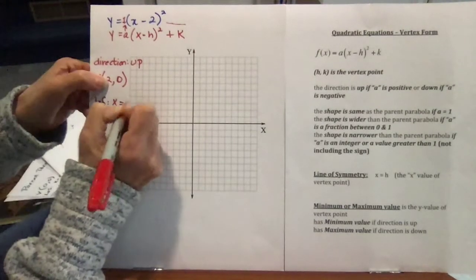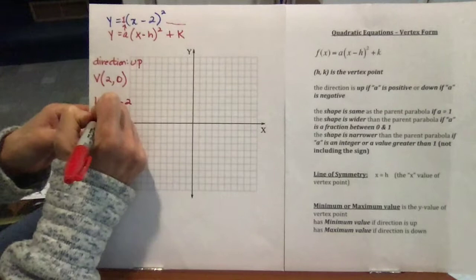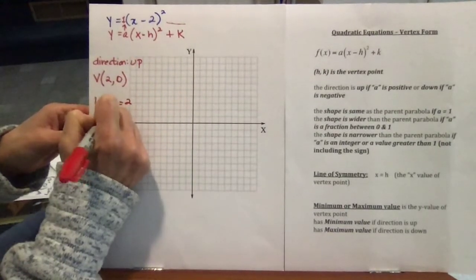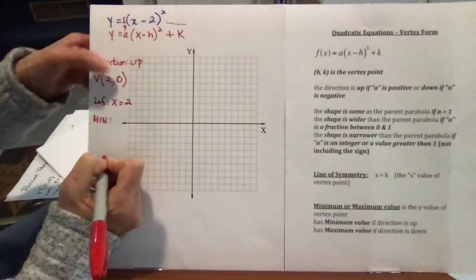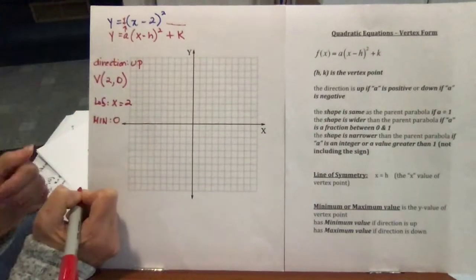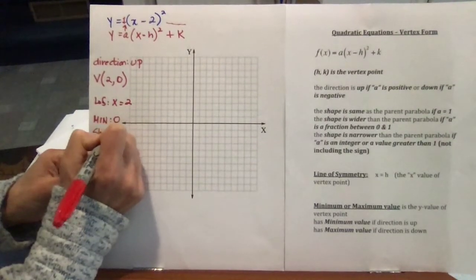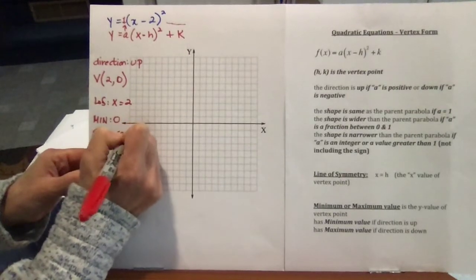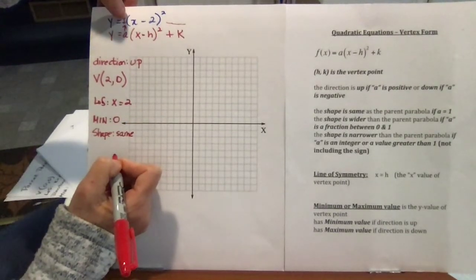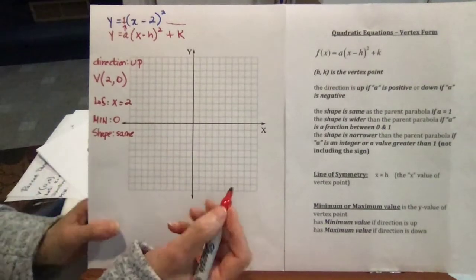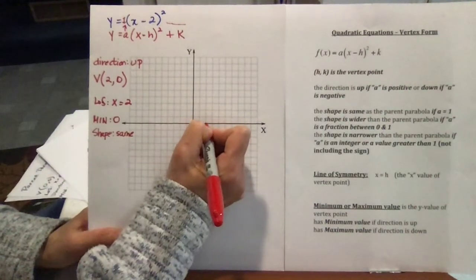X equals the x value from the vertex. We know it's going up, so we have a minimum point, and the value is from the vertex, it's the y. And shape. We know the shape is going to be the same as the parent because the value of a is 1.